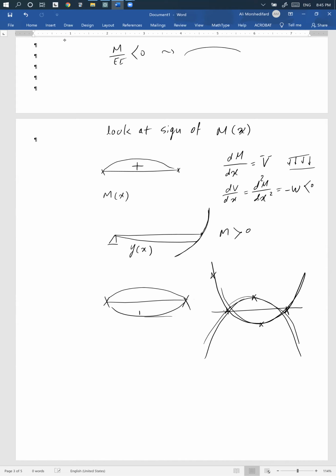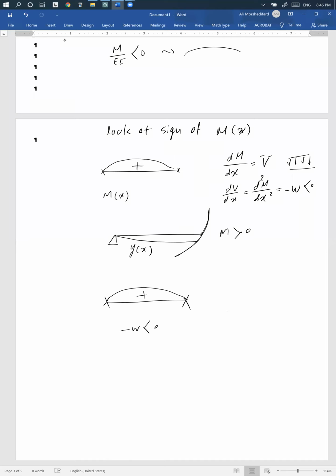So it's either this one or this one. Based on the concavity argument, it should be concave downward because the second derivative, negative W, is negative, so it should be this one.